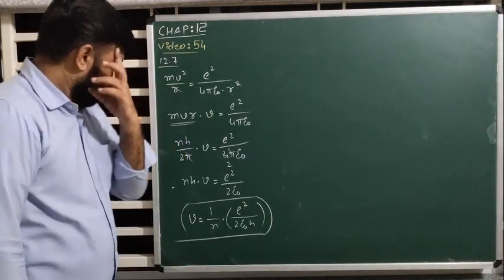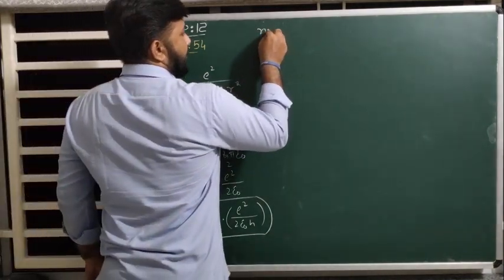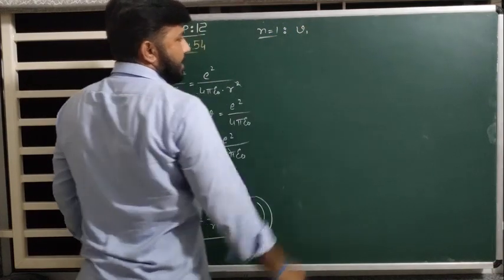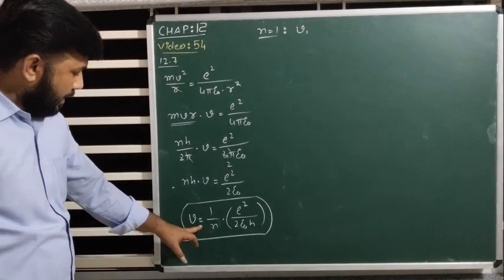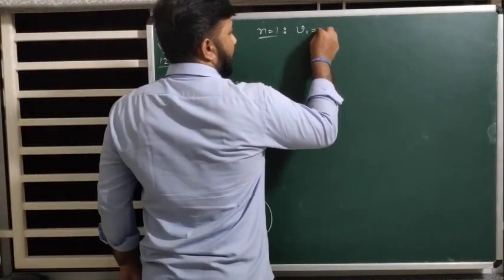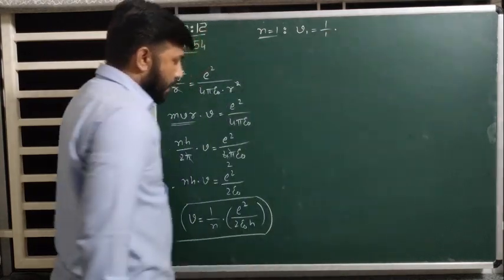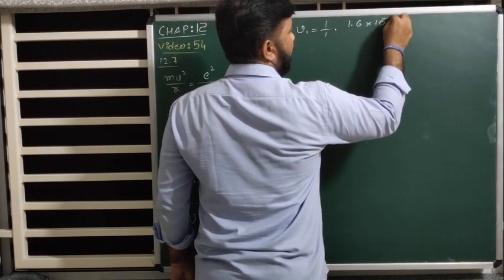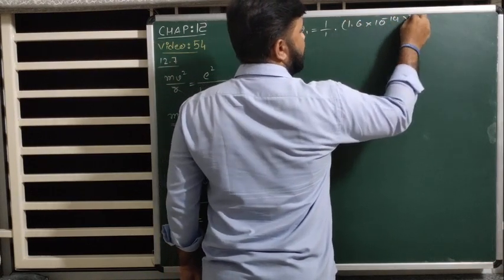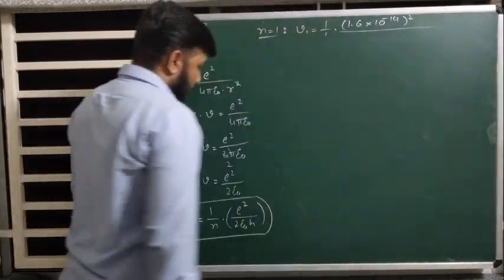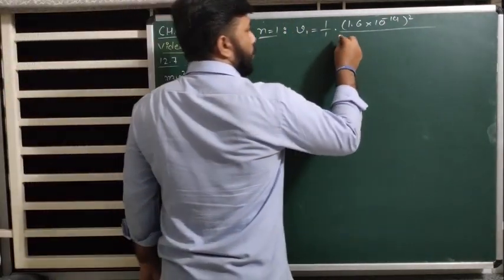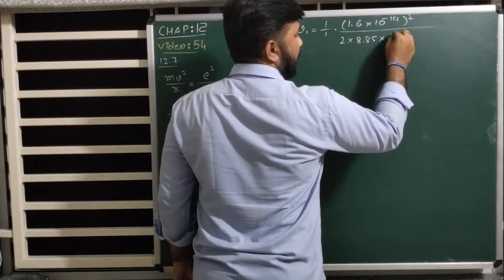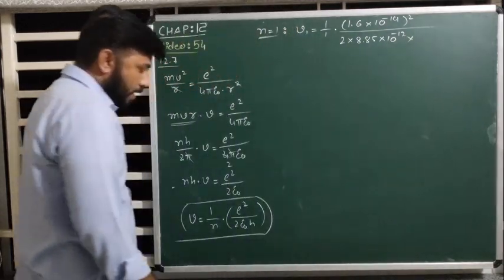So let us see for n is equal to 1. We are getting velocity for n is equal to 1 is equal to 1 upon 1 multiplied by e square, that is 1.6 multiplied by 10 raised to minus 19 whole square, divided by 2 multiplied by epsilon 0, 8.85 multiplied by 10 raised to minus 12, multiplied by h.